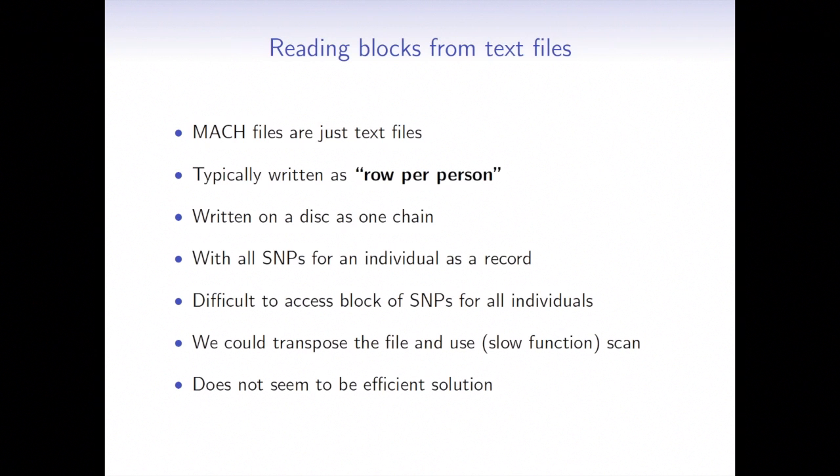And then we could use the function scan in R to just scan it row by row. But it doesn't seem like a very efficient solution to just transpose one text file to another text file. Besides, the function scan is not quick enough for the GWAS computations.